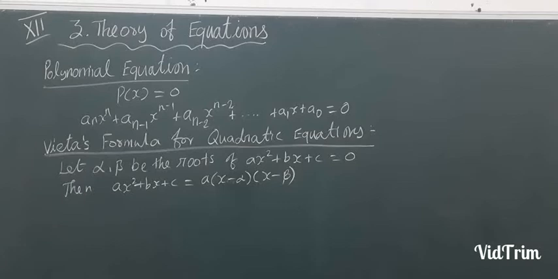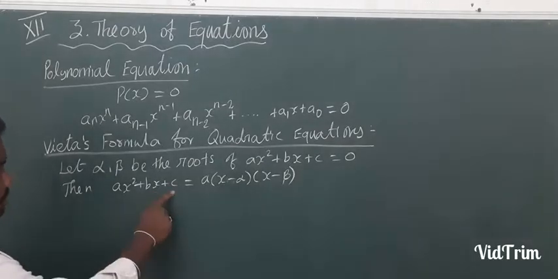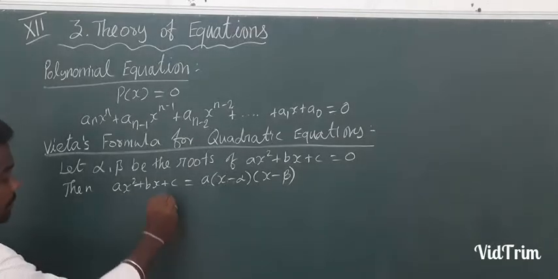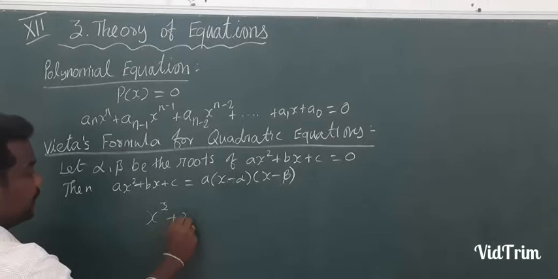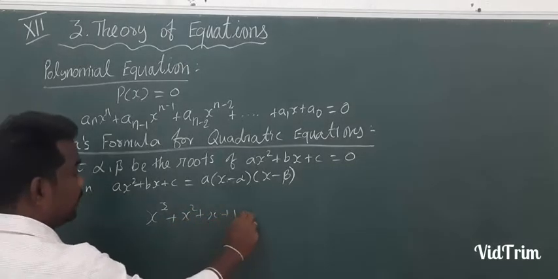Like a polynomial of degree 2, which is called a quadratic equation: ax^2 + bx + c = 0. It is called a quadratic polynomial. Suppose the leading variable has power 3, then it is a cubic polynomial, like x^3 + x^2 + x + 1 = 0.